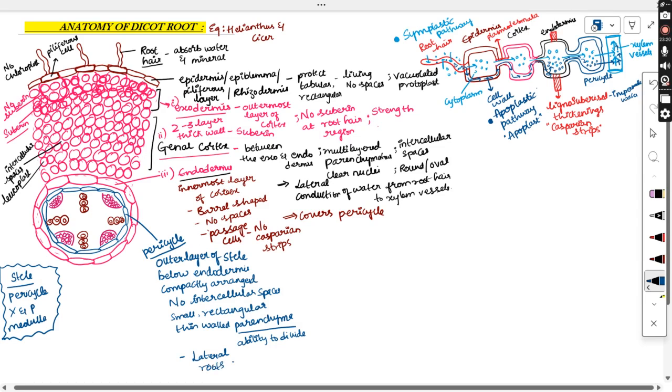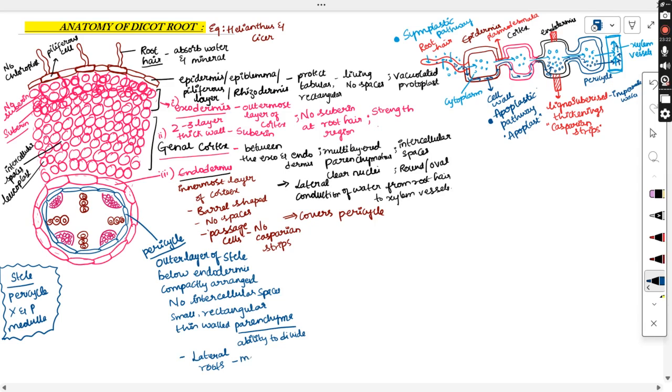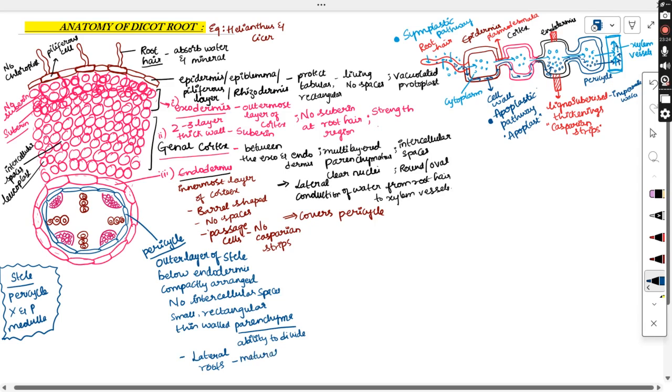Lateral roots are developed in the maturation region because of this pericycle, and it is also helpful for the secondary growth of the root. The parenchyma cells present in this pericycle region contain a prominent nucleus and dense cytoplasm. All these characteristic cells are present in this pericycle region.